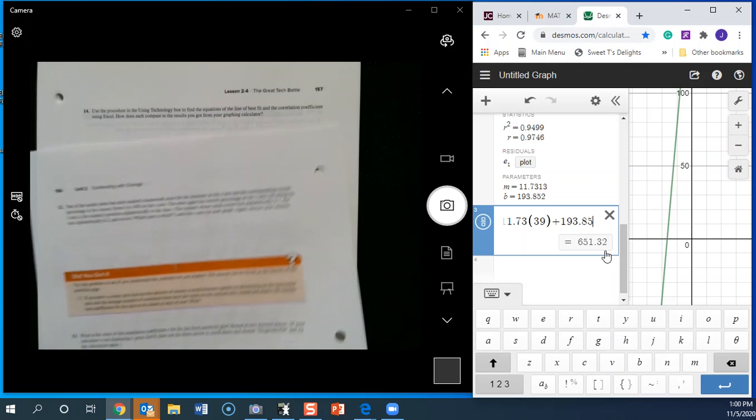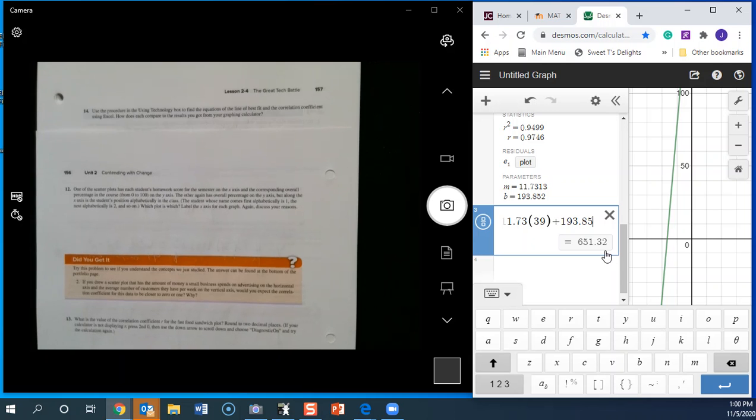All right, so we go back here to number 12. It says one of the scatter plots has each student's homework score for the semester on the x-axis and the corresponding overall percentage in the course from 0 to 100 on the y-axis. The other again has overall percentage on the y-axis, but along the x-axis is the student's position alphabetically in the class.